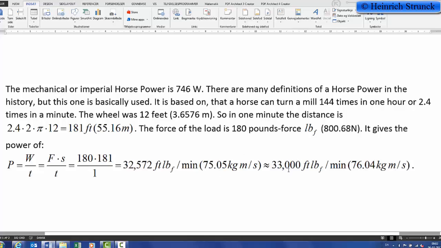And we say it's nearby 33,000 feet-pound force per minute, and thereby we have the unit for horsepower.